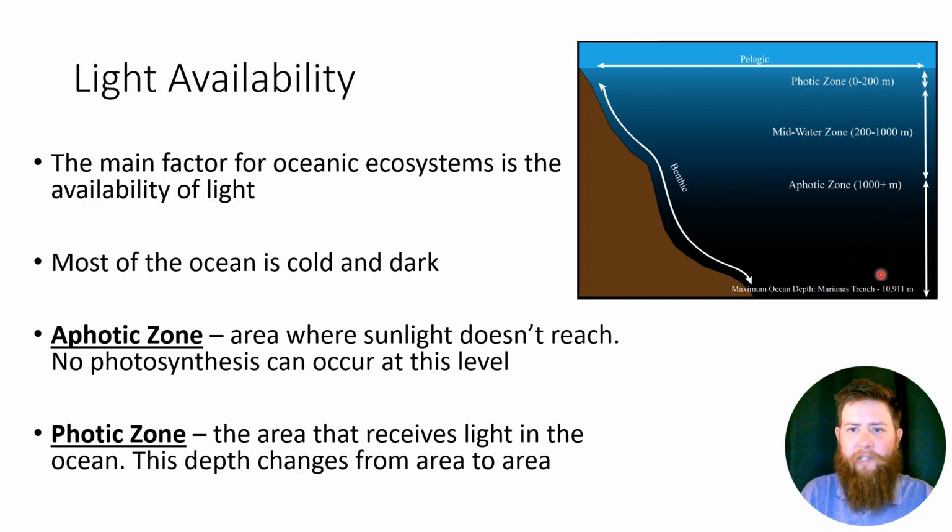There is no sunlight reaching down here and no photosynthesis happening. The photic zone, however, and even areas of the midwater zone, receive light, but the depth of the photic zone changes from area to area, depending on certain land structures and shade and all of that stuff.